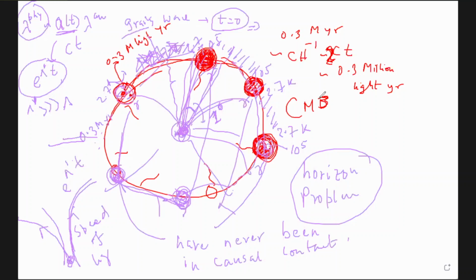My doubt is that if the universe then was 0.3 million light years in dimension, everything should be inside it. If this photon inside will see what is there within 0.3 million light years, so everything was inside it then, right? The universe is much bigger, but they will see only this much. The size of the horizon is how much you can observe, how much you can equilibrate, how much you can communicate.